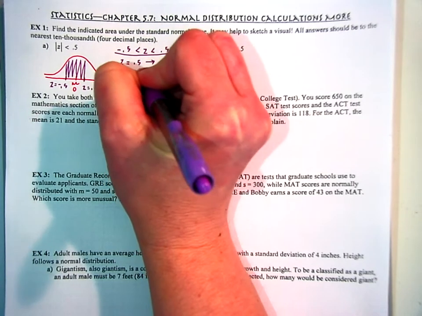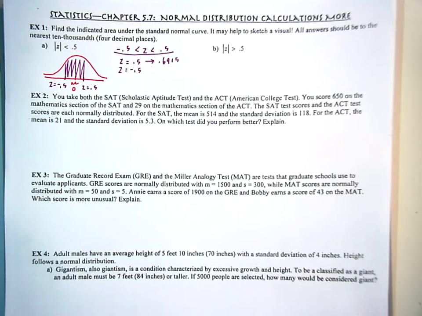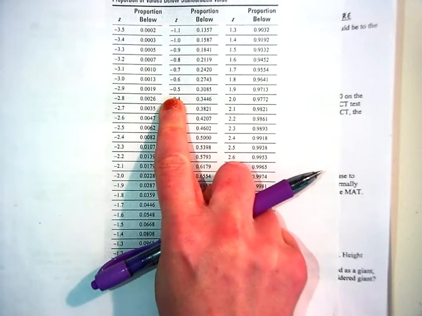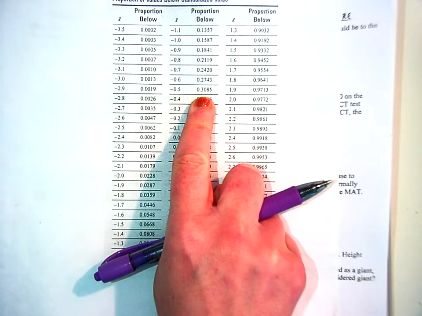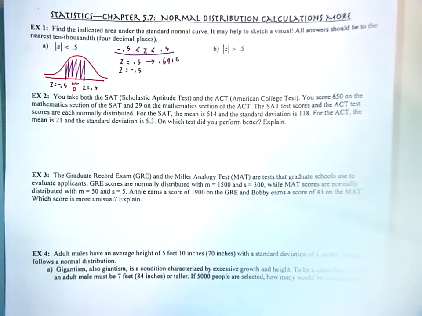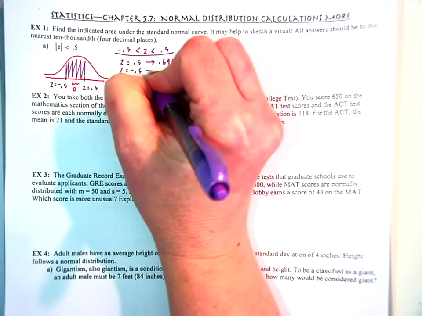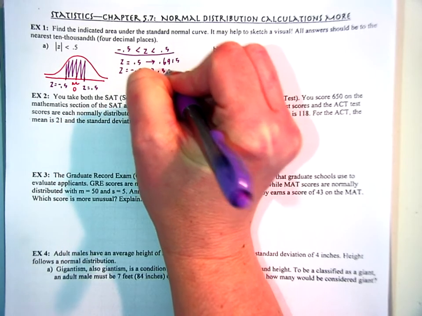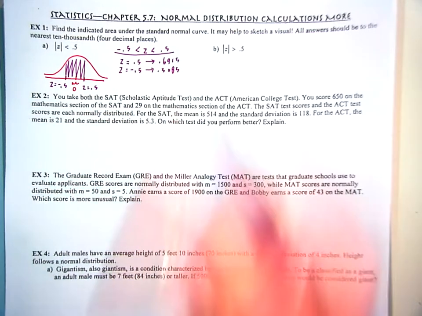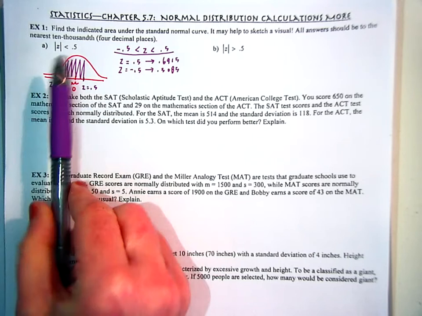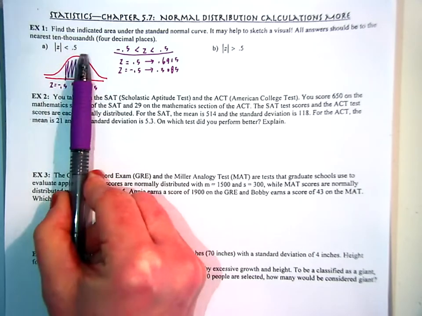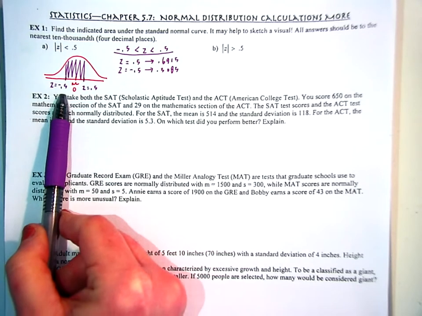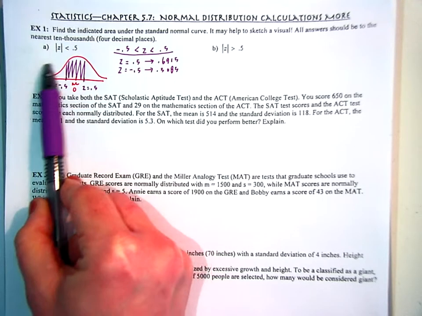If I look up a z-score of negative 0.5, that puts me right here, so 0.3085. So again, the z-score, that larger one, tells me the area below, and the z-score of negative 0.5 tells me the area below.